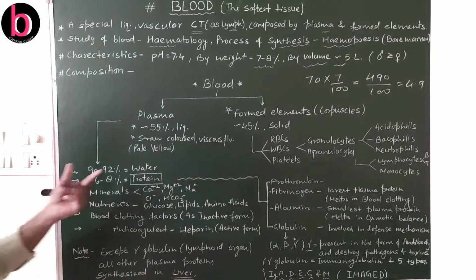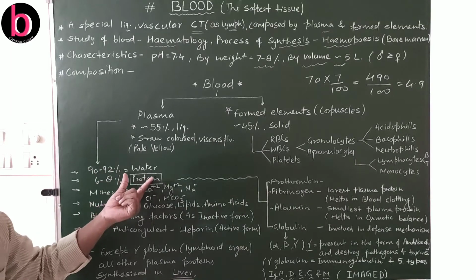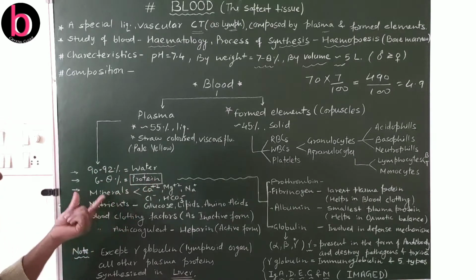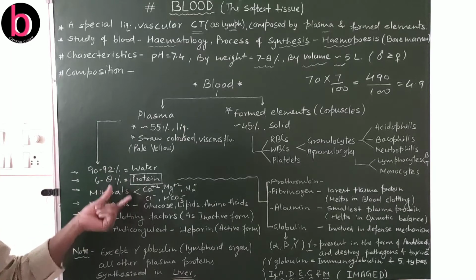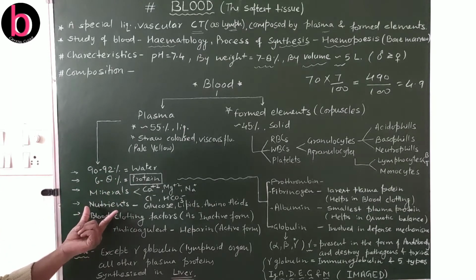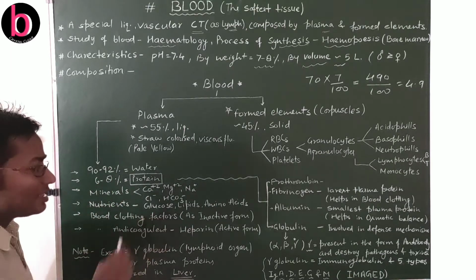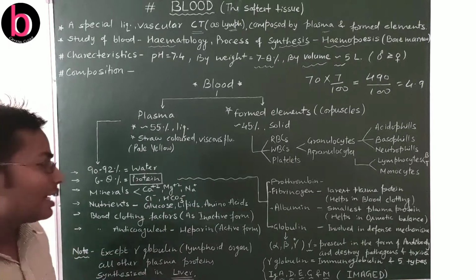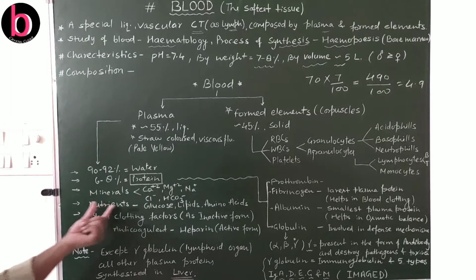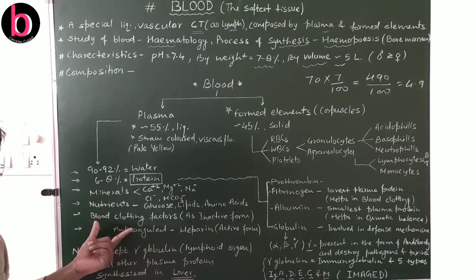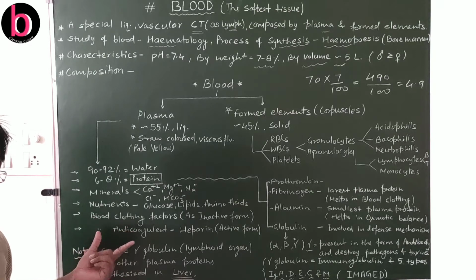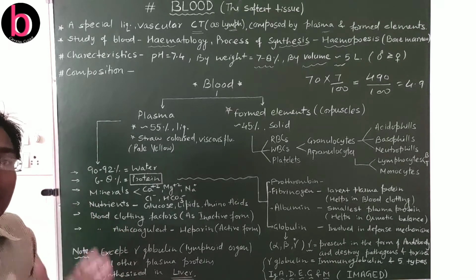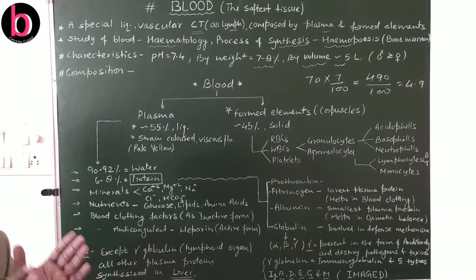While nutrients, as we discussed here, water and proteins are also nutrients, but here this is different from those two. So here nutrients include glucose, lipids, amino acids. Next, blood clotting factors, also known as blood coagulation factors, that will help in blood clotting at the time of injury.